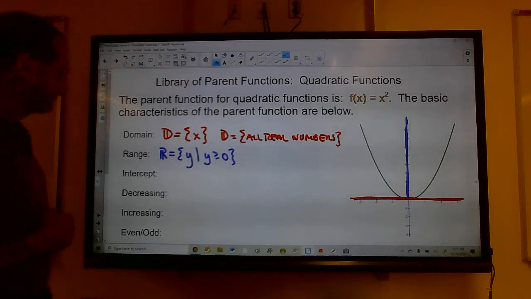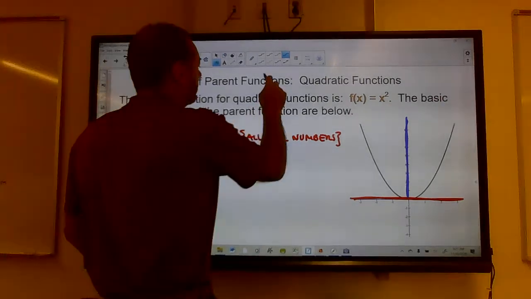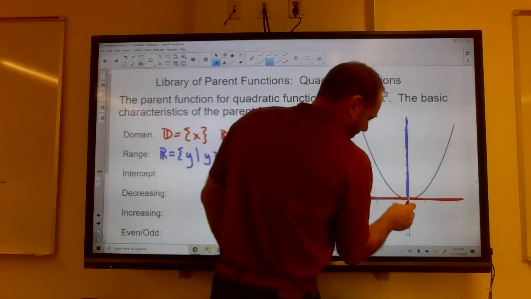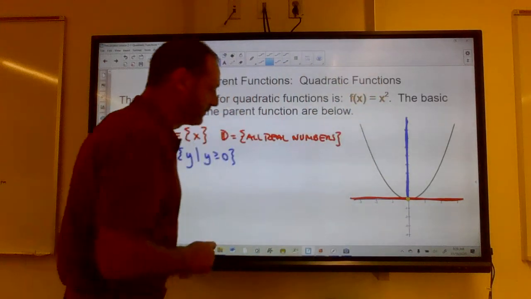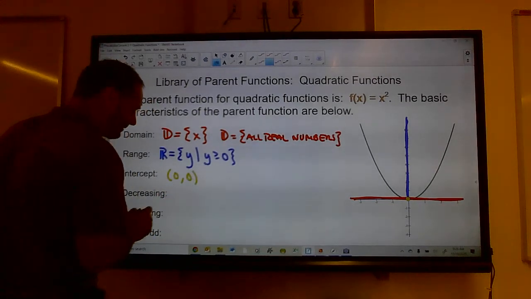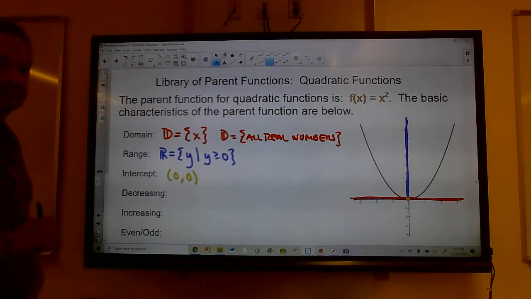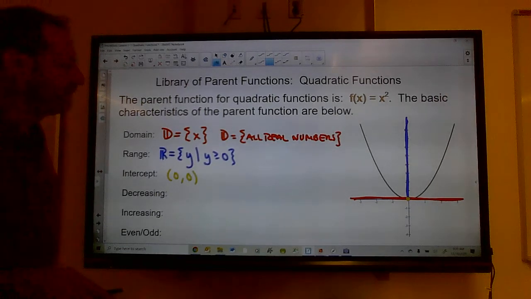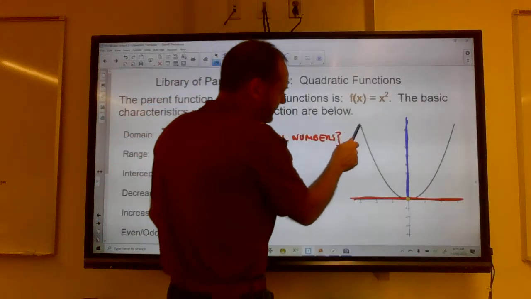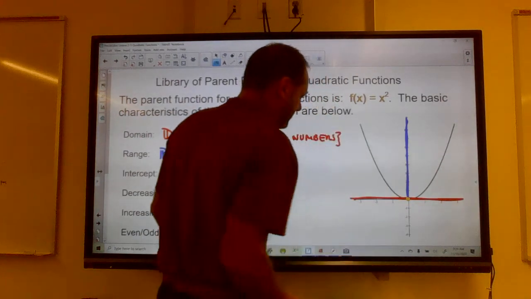Okay, the intercept. So I have a y-intercept. The y-intercept, of course, is where it crosses the y-axis, and that's right there. So the y-intercept would be the point 0, 0. In this case, it's also the x-intercept. Okay, is this thing decreasing or increasing? Well, if you look at it, it's decreasing along this part right here, and then it increases along here.